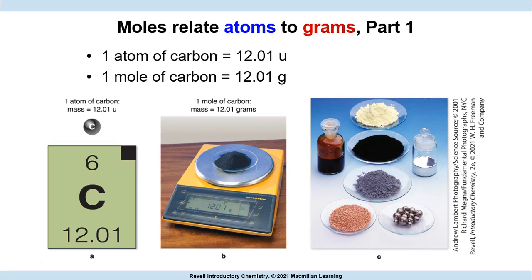So the mole helps us to relate atoms to grams. So 1 atom of carbon is equal to 12.01 atomic mass units, and 1 mole of carbon is equal to 12.01 grams. So the mole helps us to relate atoms to grams.